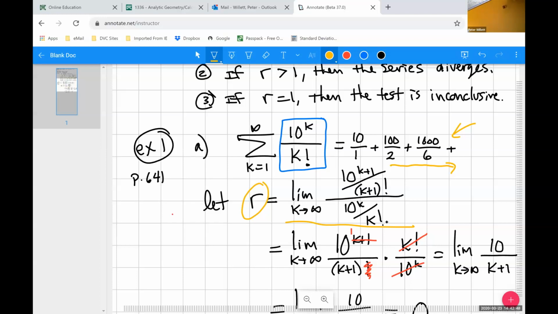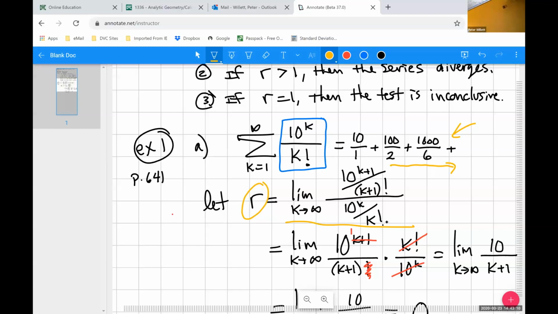So as you go out there, you take the previous term and multiply by 10 on the top, but by something bigger than 10 on the bottom. Eventually you multiply by 10 on the top and 1,000 on the bottom, and the next one, 10 on the top and 1,000,000 on the bottom or something.